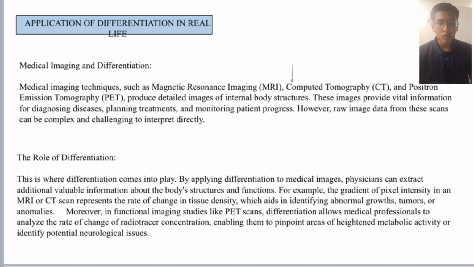The second is the role of differentiation. This is where differentiation comes into play. By applying differentiation to medical images, physicians can extract additional valuable information about the body structure and function.